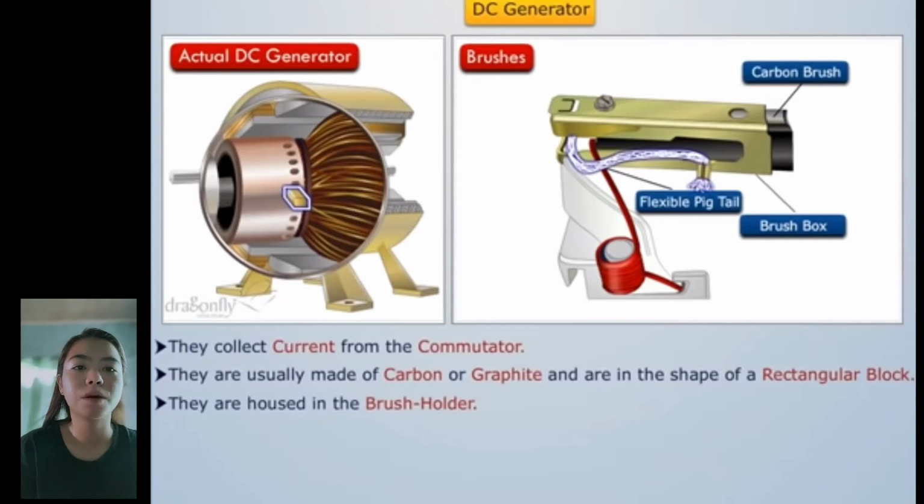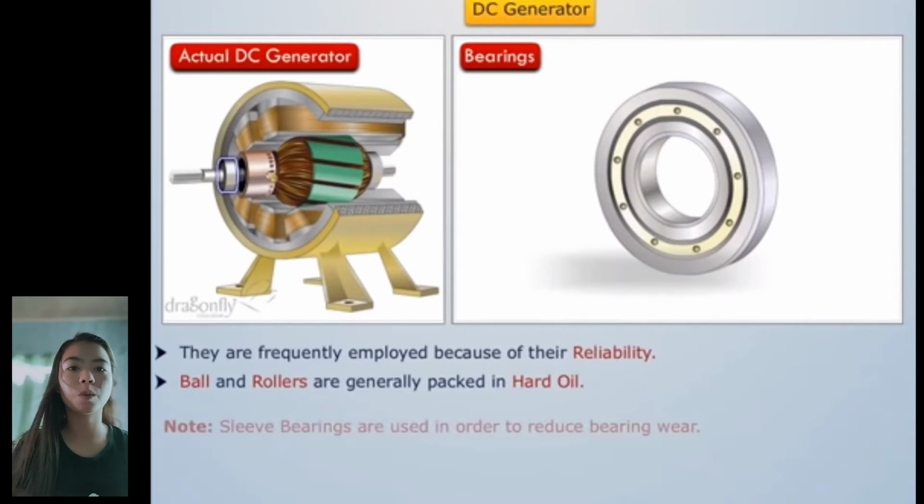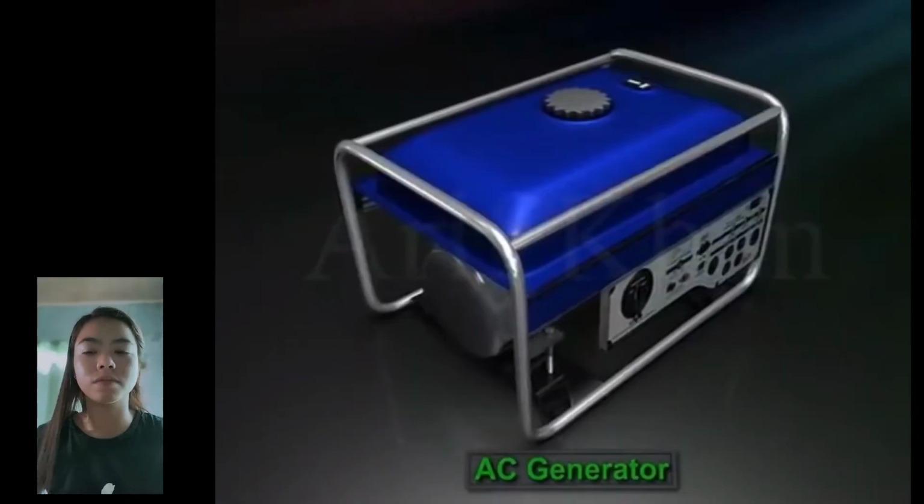A flexible pigtail mounted at the top of the brush conveys current from brushes to the holder. Bearings. They are frequently employed because of their reliability. Ball and rollers are generally packed in hard oil to ensure smooth operation.